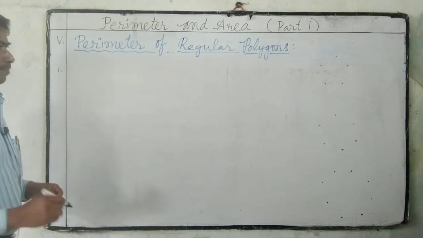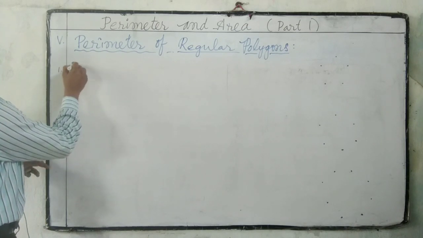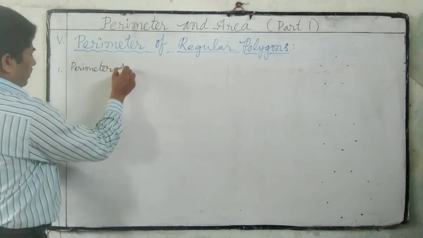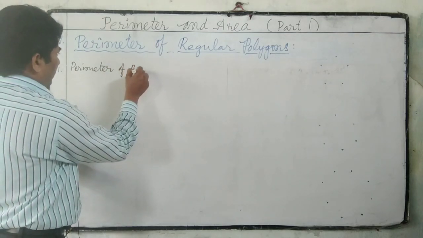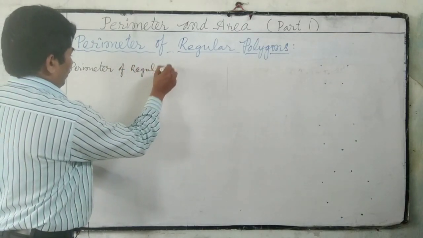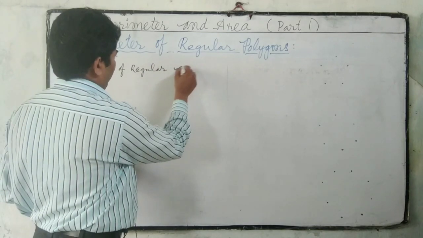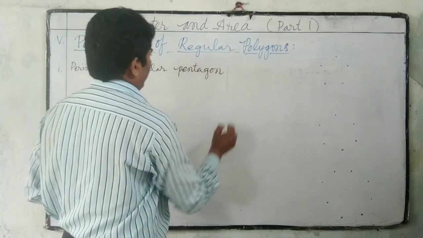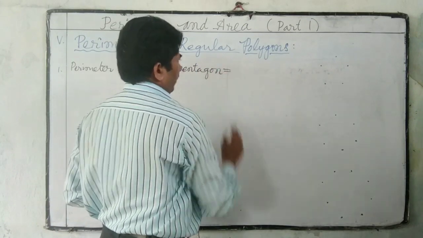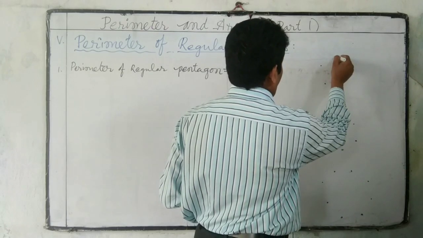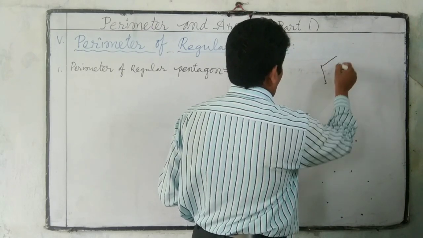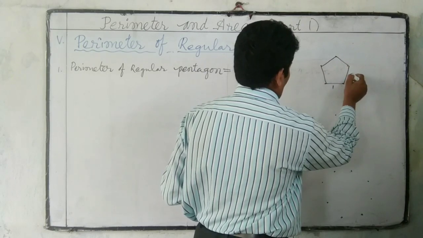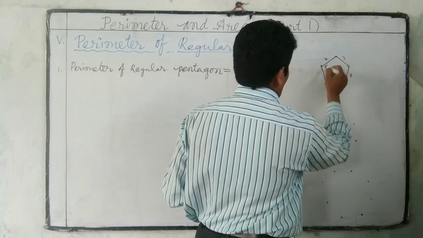They are perimeter of regular pentagon. Penta means 5-sided. 1, 2, 3, 4, 5.